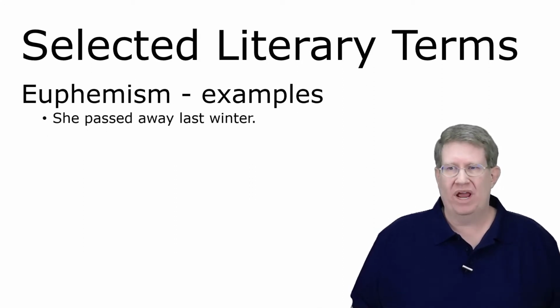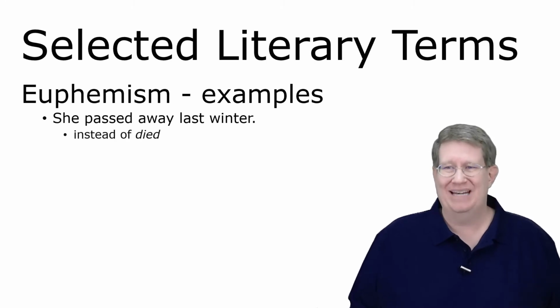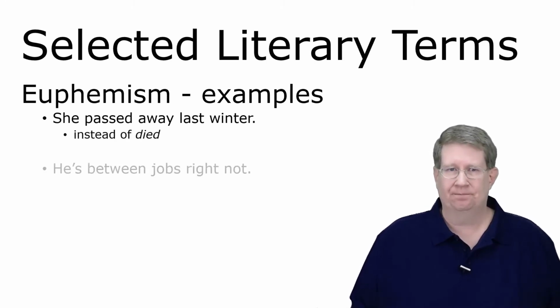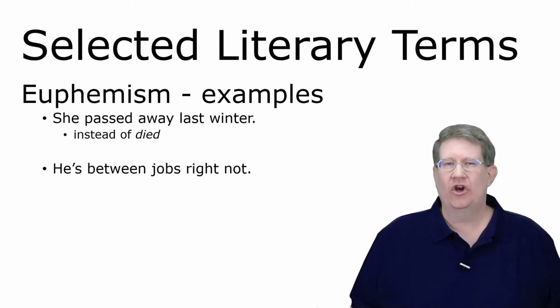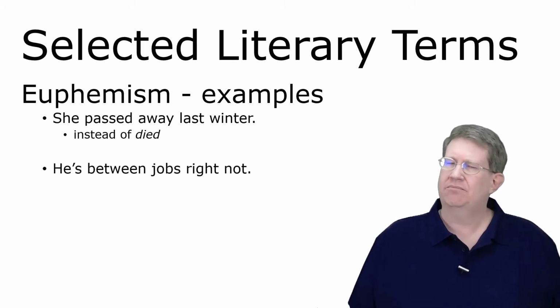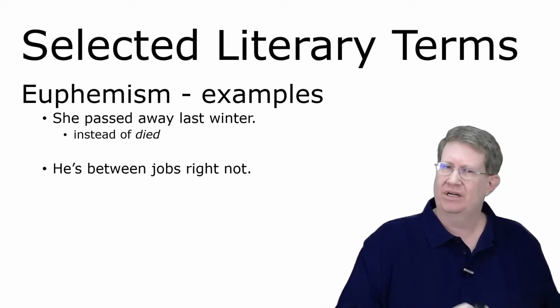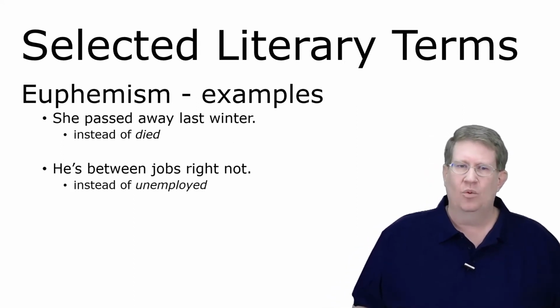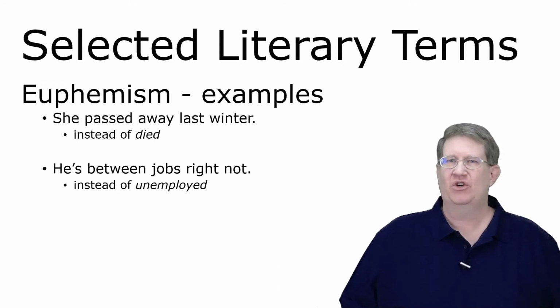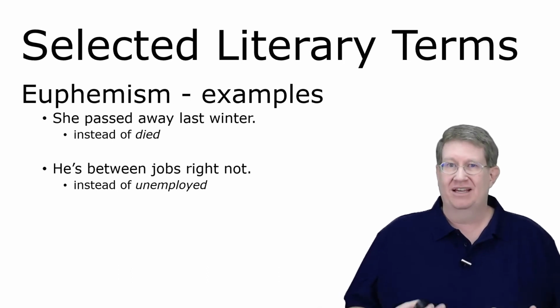So let's look at some examples. "She passed away last year." Now, do you know what that means? Well, we're using passed away instead of died. Okay. "He's between jobs right now." Oh, well, that doesn't sound so bad. Yeah, he was doing this job, and then in a while he'll be doing another one. Right now he's between jobs. Well, that's a softer, nicer, gentler way of saying he's unemployed.